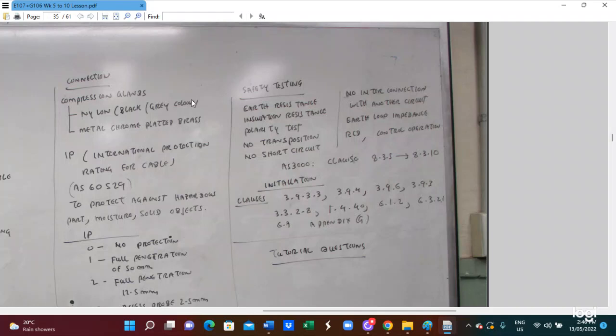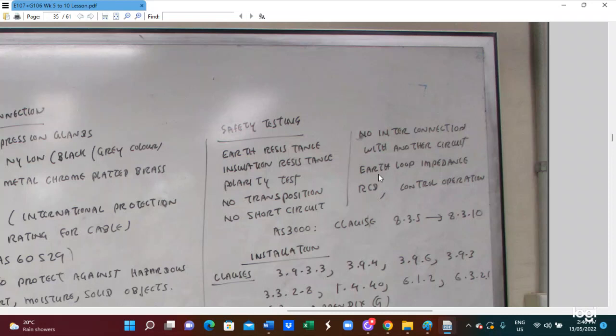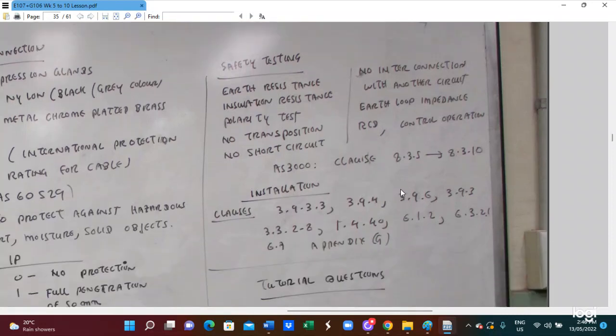It must be insulation resistant. You have to do this with an appropriate plan. No transposition of conductors and no short circuit. Those are internal interconnections, with the loop impedance and also RCD operation.